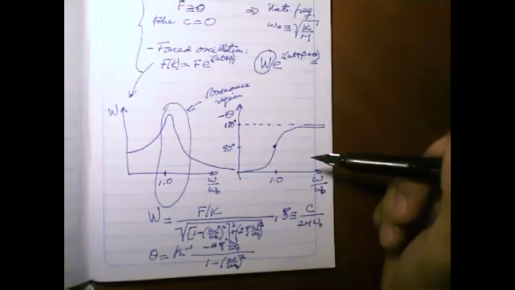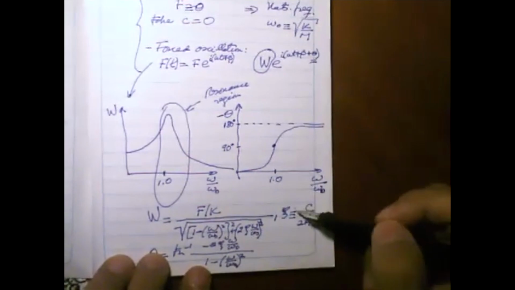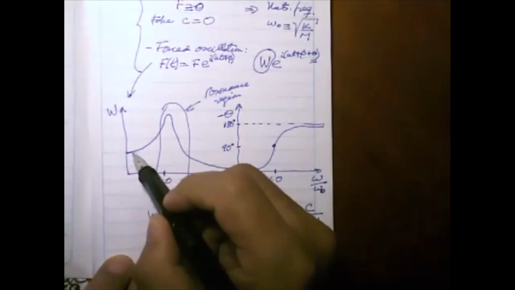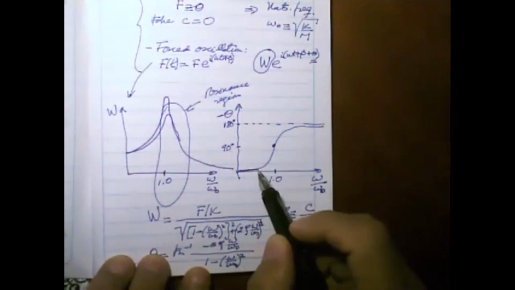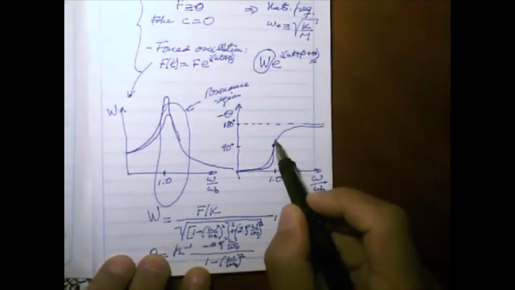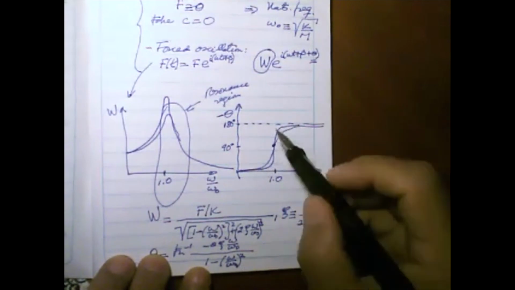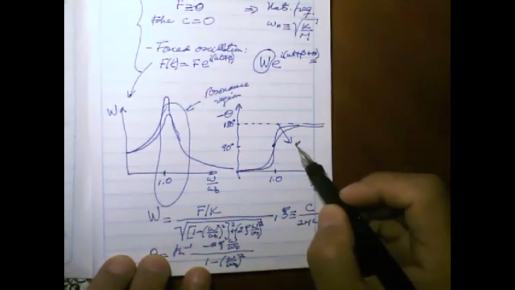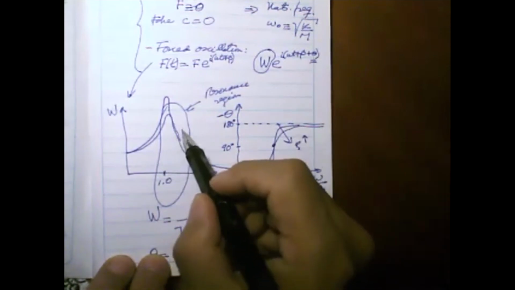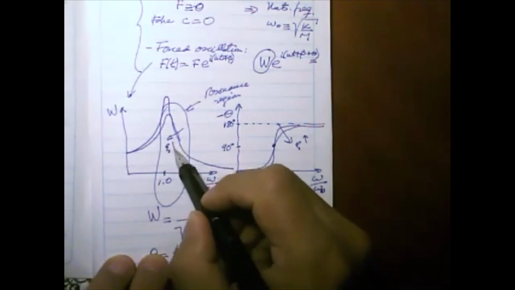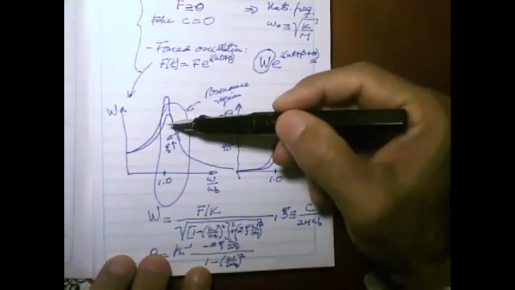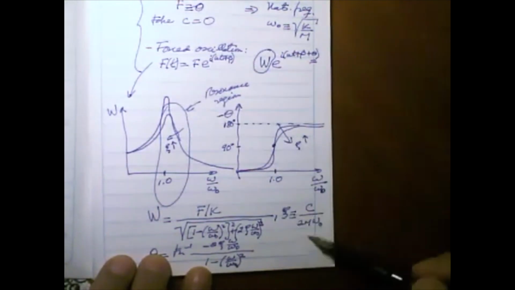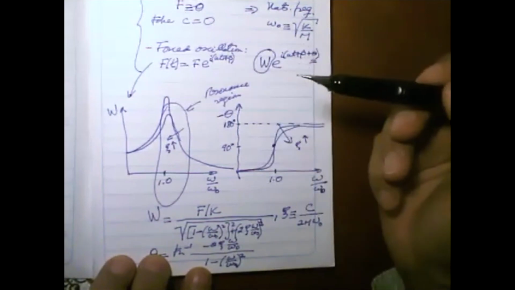If we change that, for example, we reduce zeta, then this peak will increase. And in this case, this will be closer to that. So in this direction, C increases. In this direction, C increases. So more damping, less response. Again, more damping, less response.